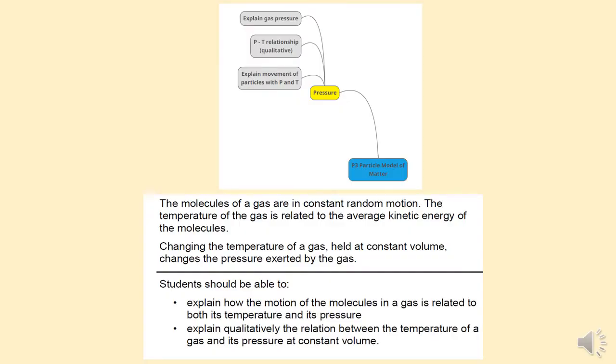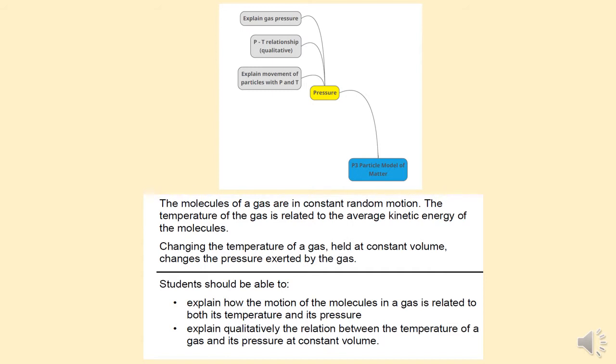The syllabus says that the molecules of a gas are in constant random motion. The temperature of the gas is related to the average kinetic energy of the molecules. Changing the temperature of a gas held at constant volume changes the pressure exerted by the gas.